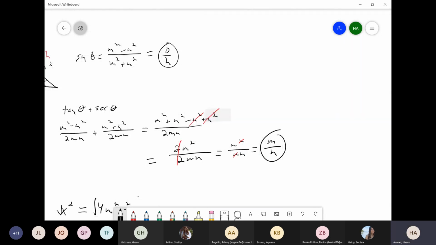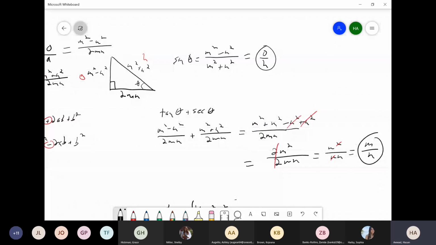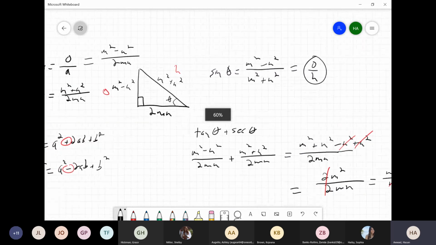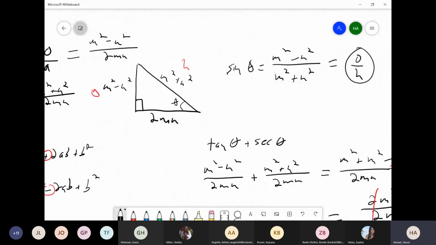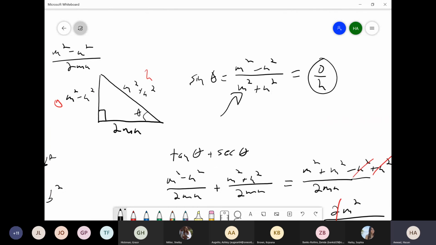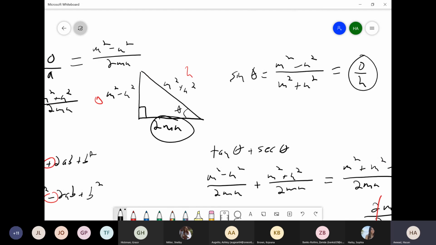So it might seem like we did a tremendous amount of effort, but when you really look at the steps that we did here, it's not so bad. We started with, just given the fact that this is a right triangle and sine of theta is this fraction over here, we derived 2 of the sides of the right triangle for free. We then used the Pythagorean theorem to find the missing side here, which in this case was 2mn.